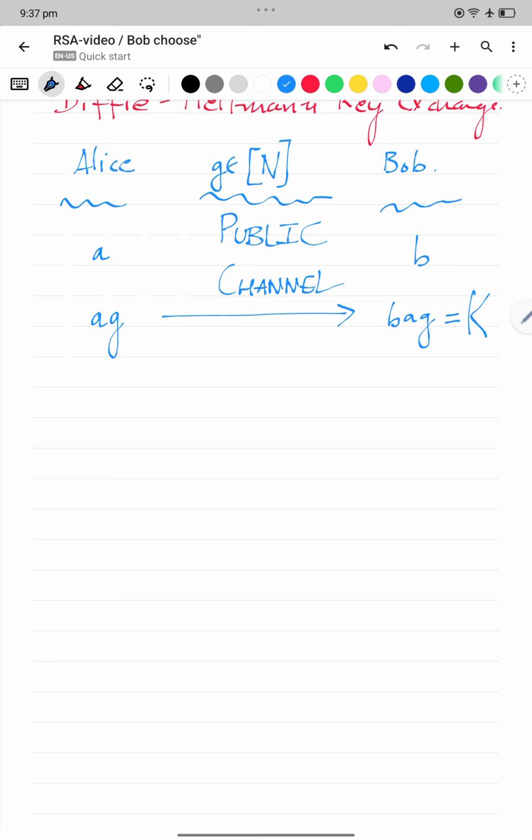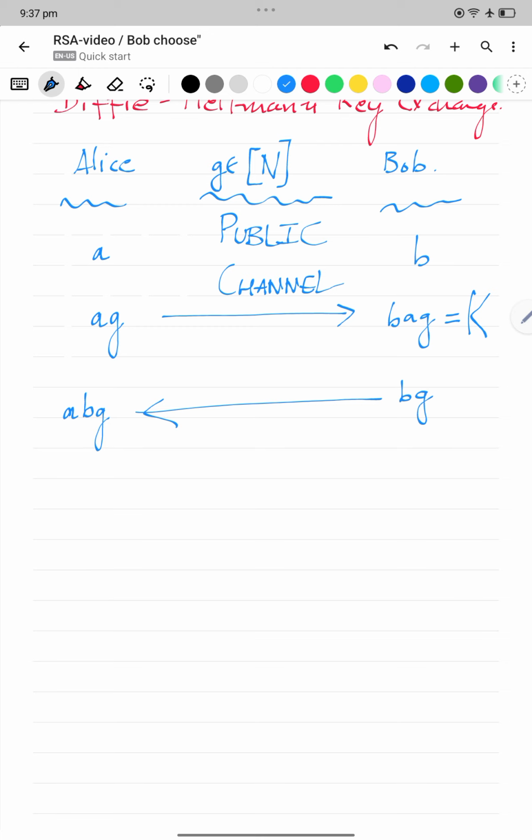He has the B, so he computes BG. G is public, and he sends BG to Alice. Note that it's difficult to figure out B because discrete log problem is difficult to solve. So he sends out BG to Alice, and now Alice has A, so she computes this thing.